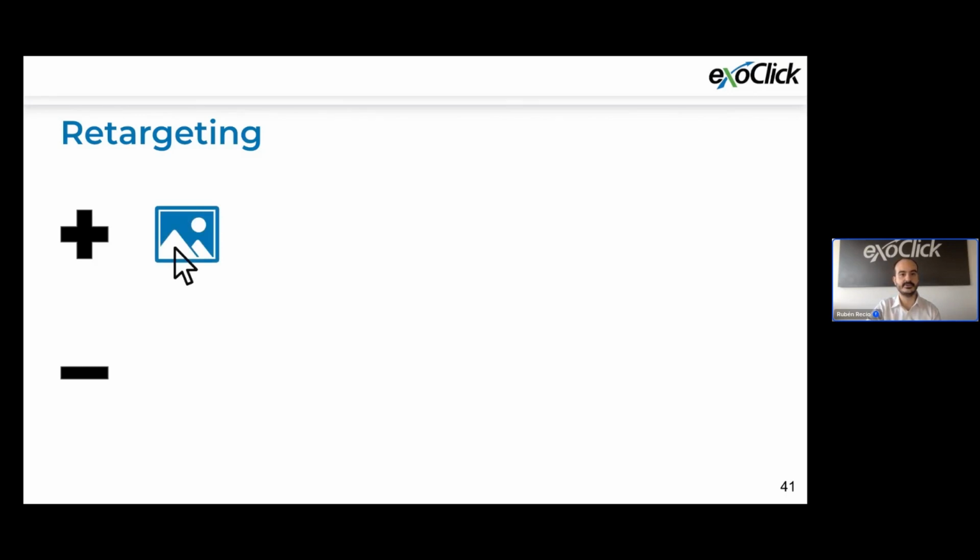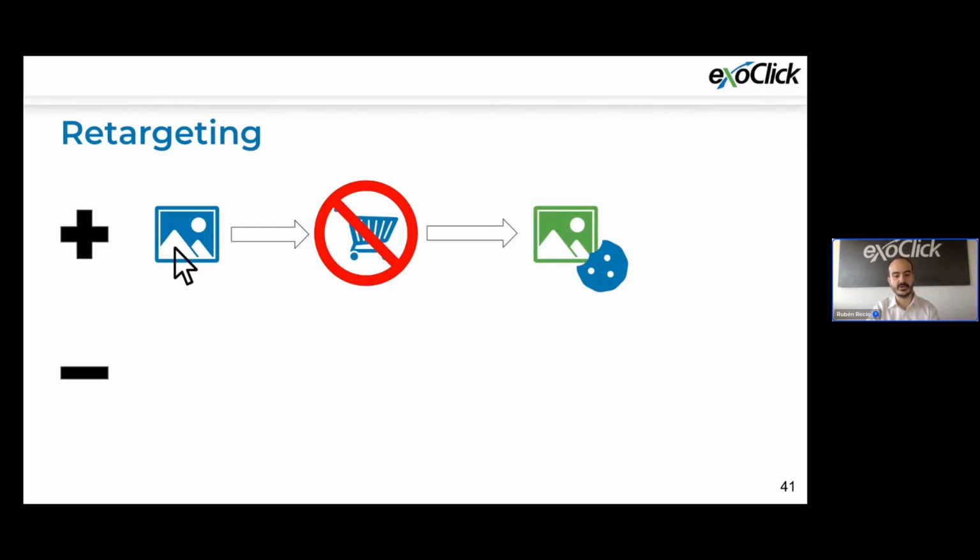We have a user that has clicked on your ad, is visiting your website, but doesn't complete a purchase. If you did pixel tracking and we identified that user on the checkout page, then you can later set up a retargeting campaign to aggressively focus on that user and chase those users so that they complete the transaction.